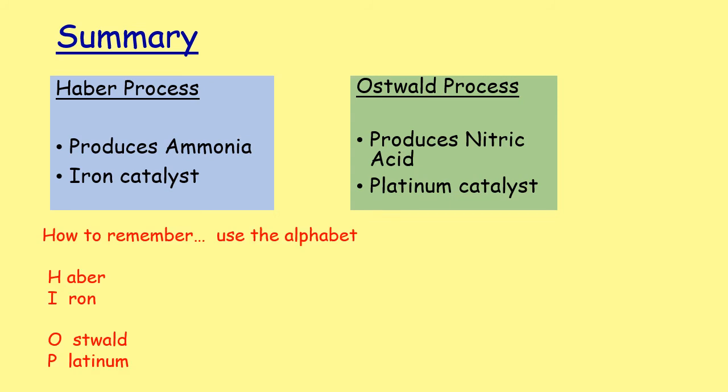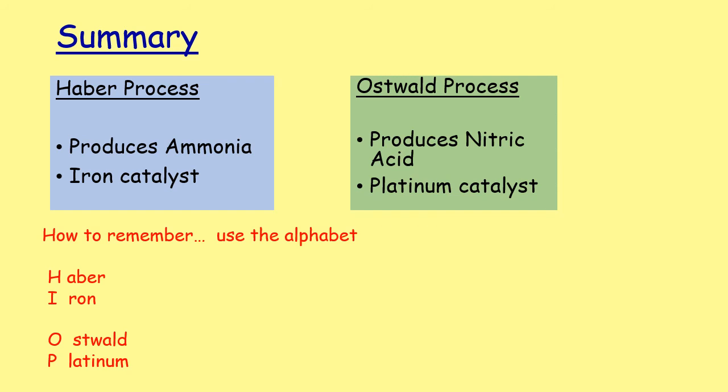And remembering the catalyst is very important. The catalyst for the Haber process is iron, the catalyst for the Ostwald process is platinum. A good way to remember that is just to remember that the letter I comes after the letter H, so Haber uses iron, and the letter P comes after the letter O, Ostwald, platinum.